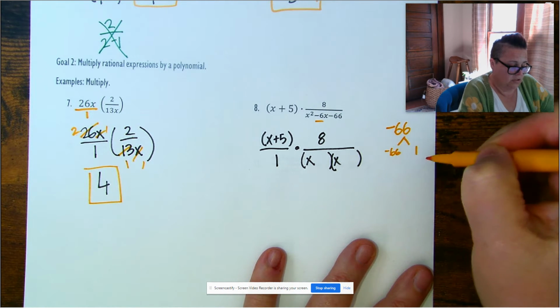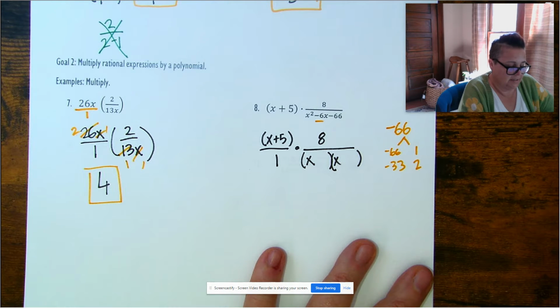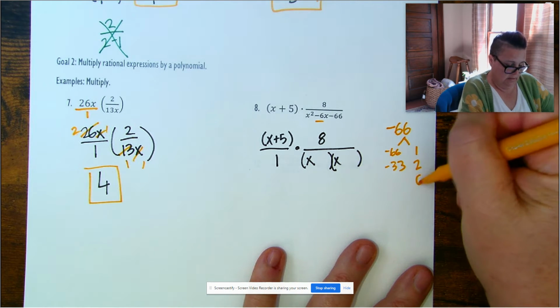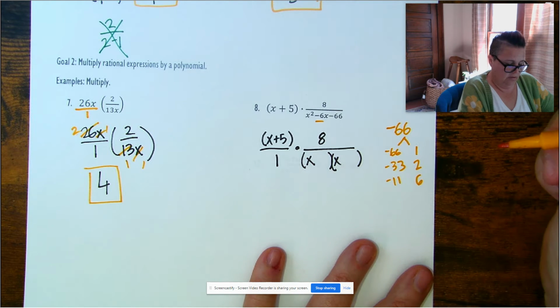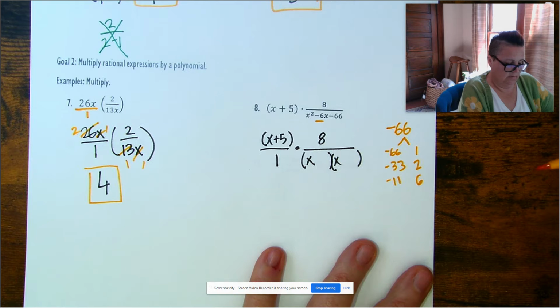What about 2? 2 and negative 33 also does not add to negative 6. 4 won't work. 5, nope. 6. 6 times a negative 11. That does not add to be a negative 6.